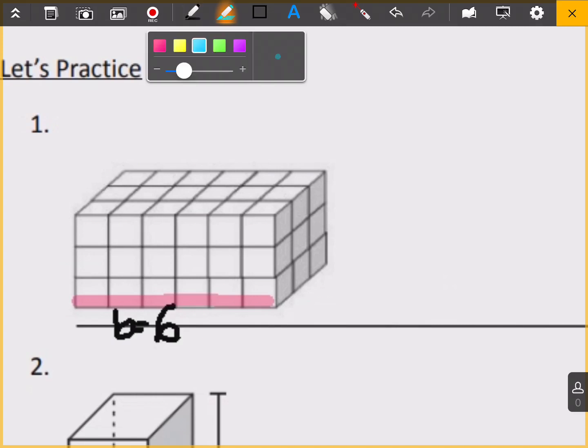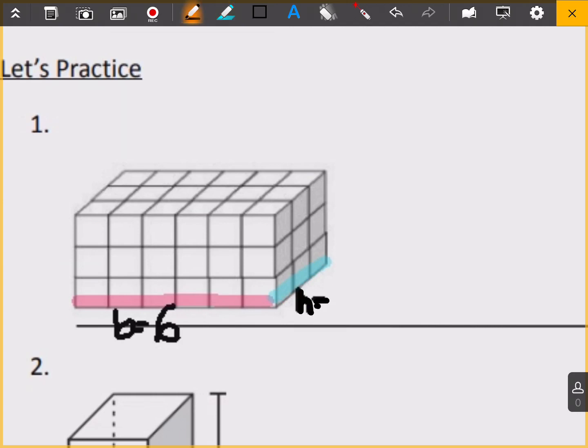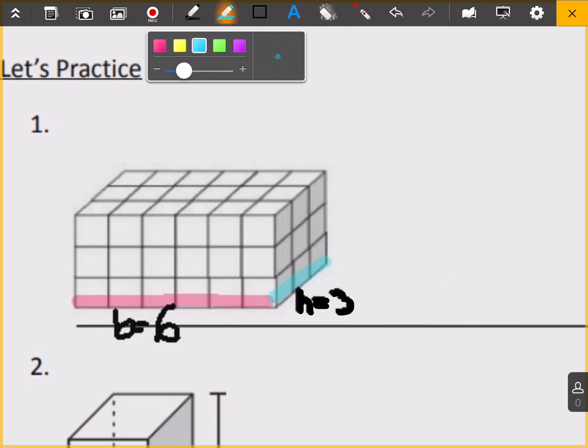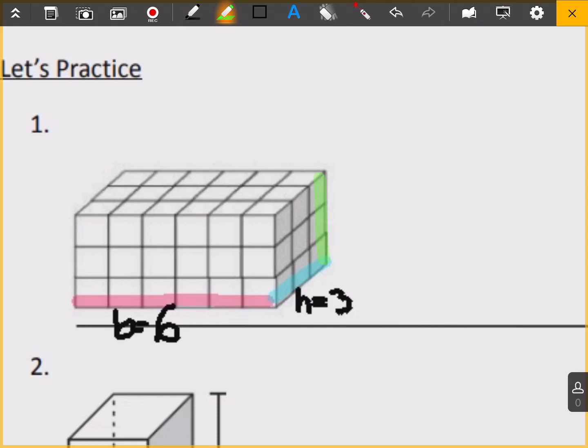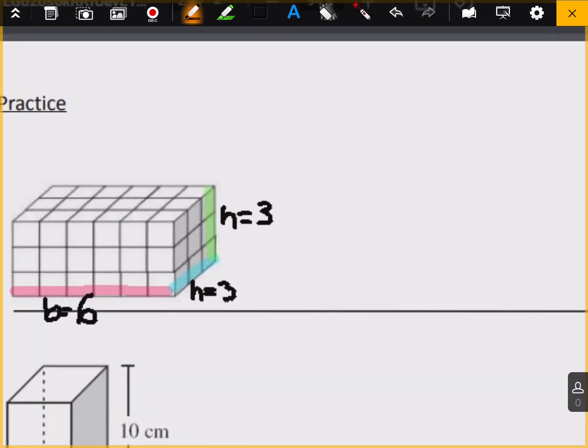Then we're going to count this height part here. There are 3 cubes on that side. And last but not least, we have the height of the actual prism, so it is 3 cubes tall. And those are the numbers we're going to work with and plug into our volume formula in order to find the volume of this prism.